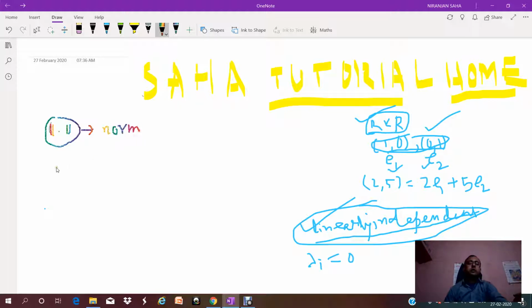Take any vector from a collection of vectors. This is V, and x belongs to V. Then the norm is defined like this.